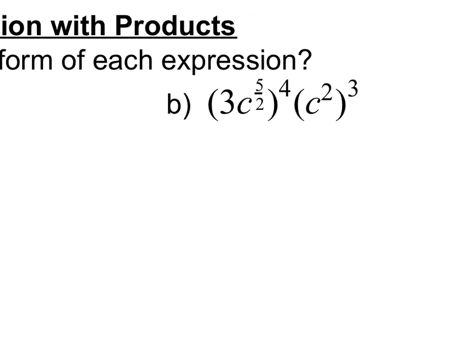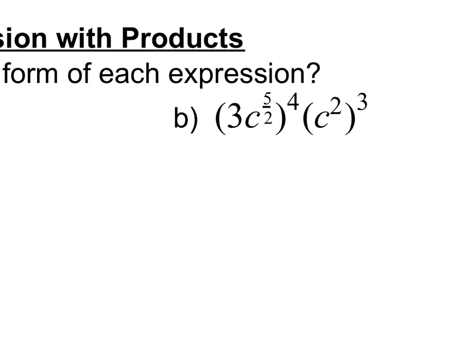All right, so looking at B, again, we have 3 to the first power, c to the 5 halves power. 4 goes to everything within those parentheses. We have c to the 2nd power, and 3 goes to everything within those parentheses. So we end up with 3 to the first raised to the 4th power. We have c to the 5 halves raised to the 4th power.